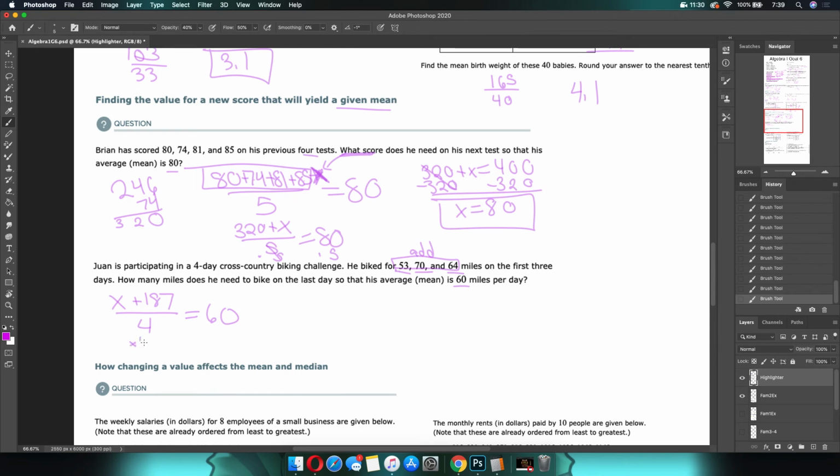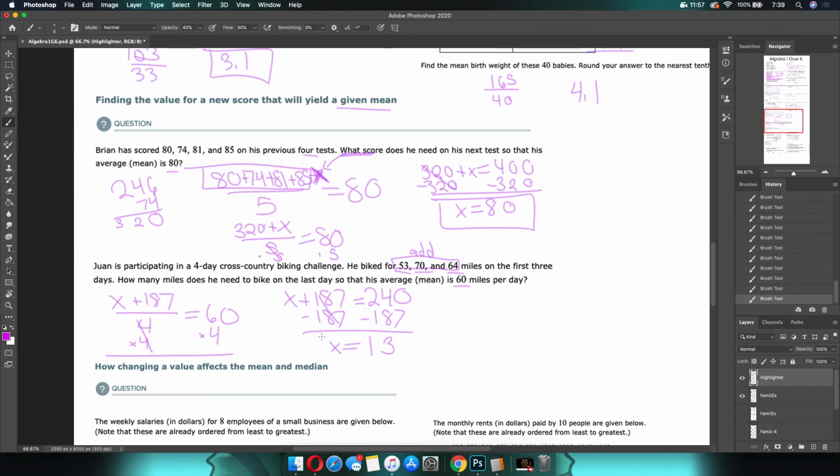So times 4, times 4. So x plus 187 equals 240, minus 187, minus 187 equals what? Let's see here, 13, I think? Yeah, I think it's 13.